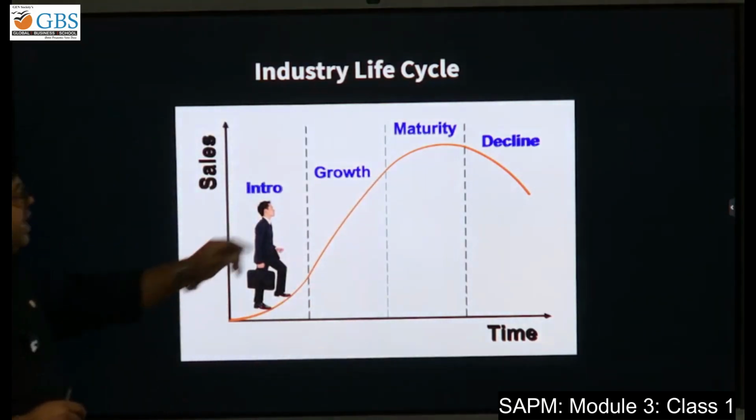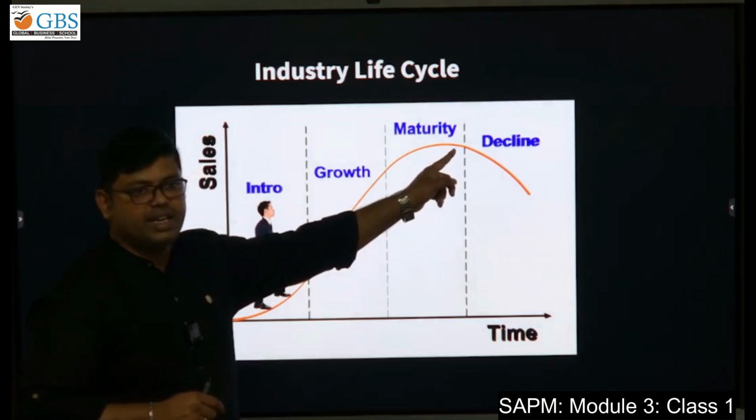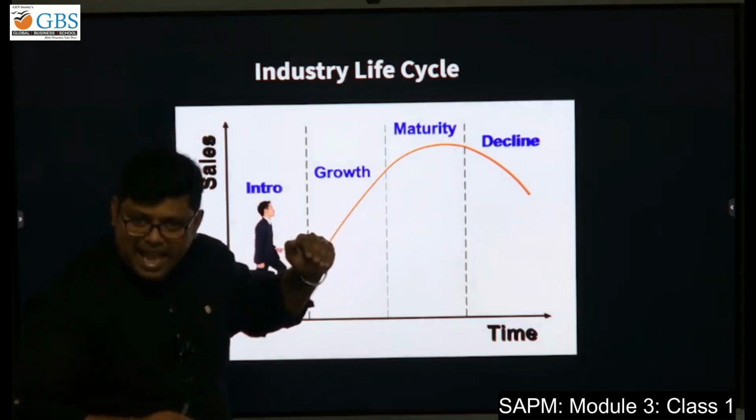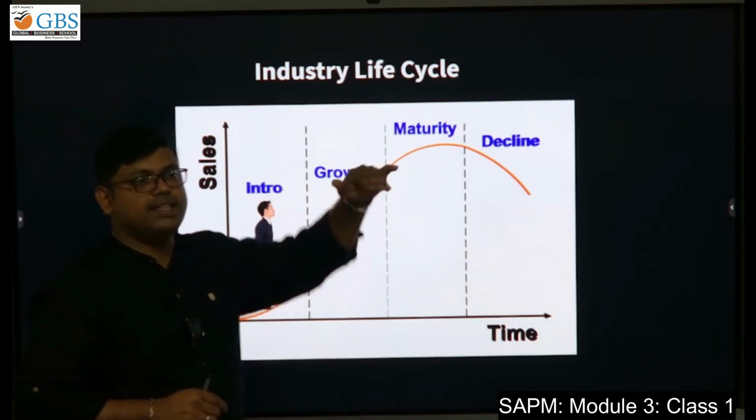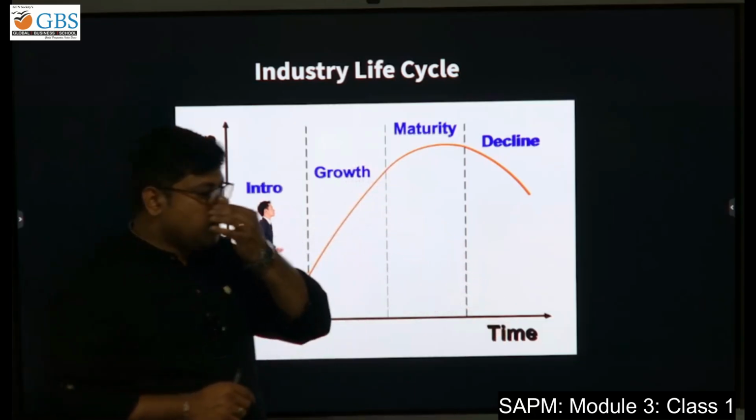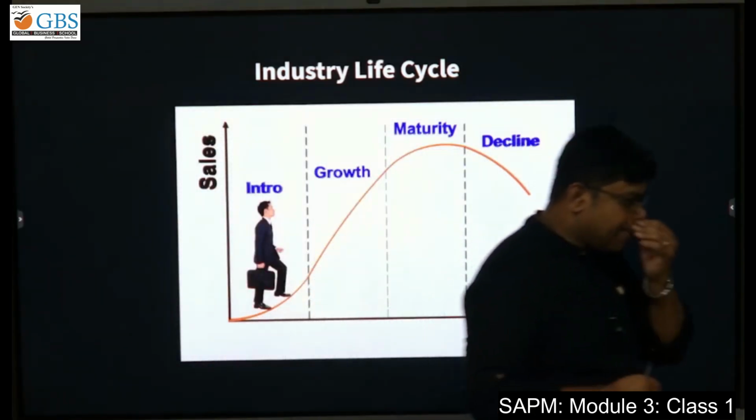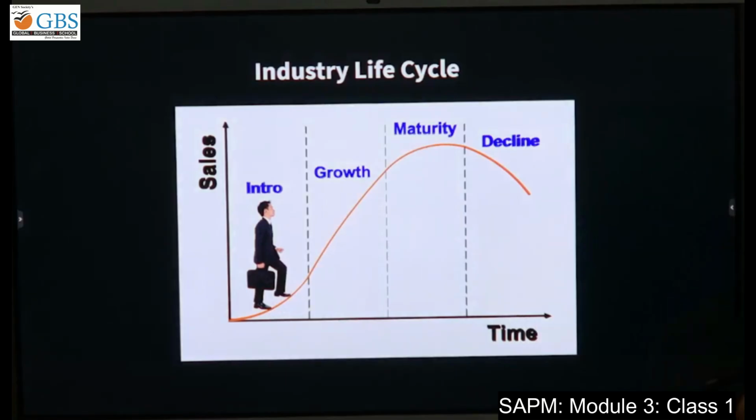Then there is maturity, where growth stagnates, then it starts declining. So when you're investing in any company, you need to analyze what stage of the industry life cycle that particular company's industry belongs to.